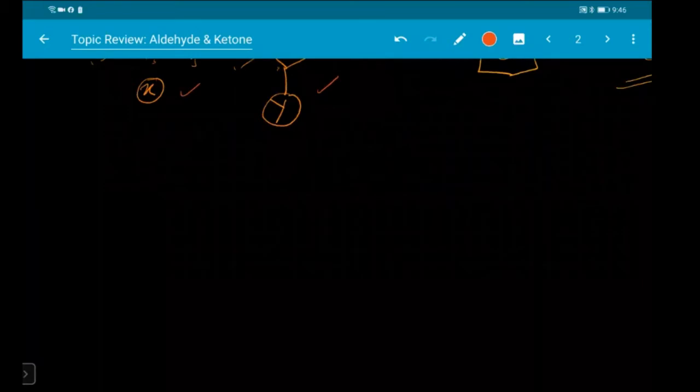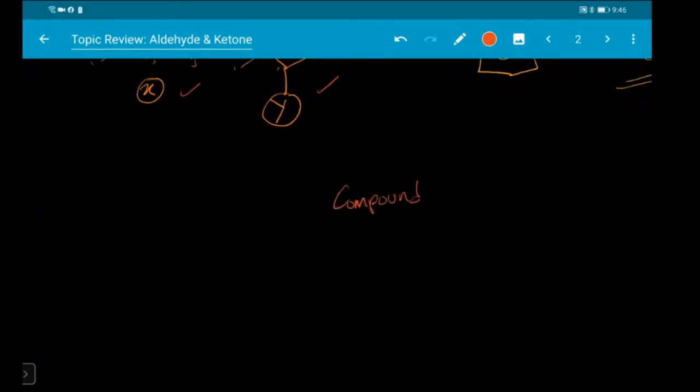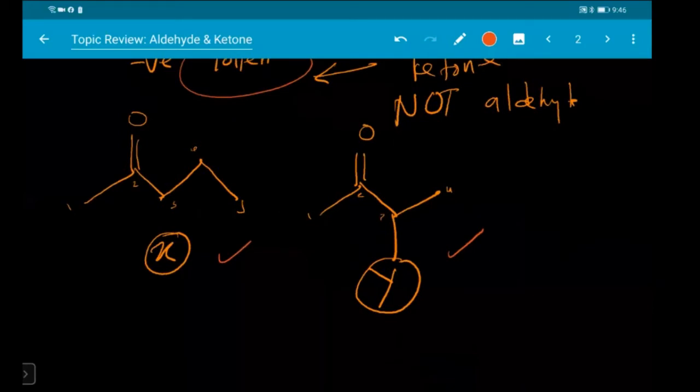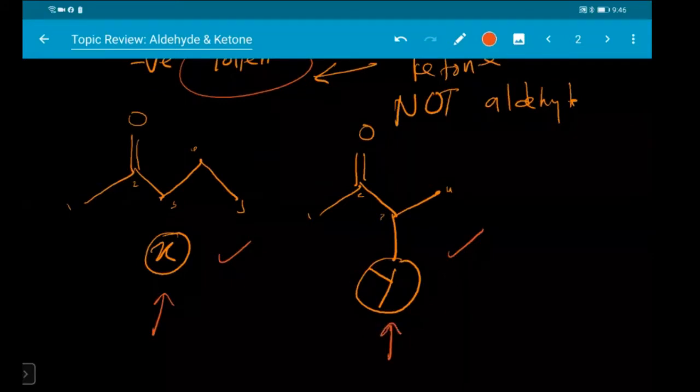Now, we have compound C, right? Sebelum tu, saya nak ingatkan juga, sekali lagi, both X and Y is correct. The answer is correct for compound C.